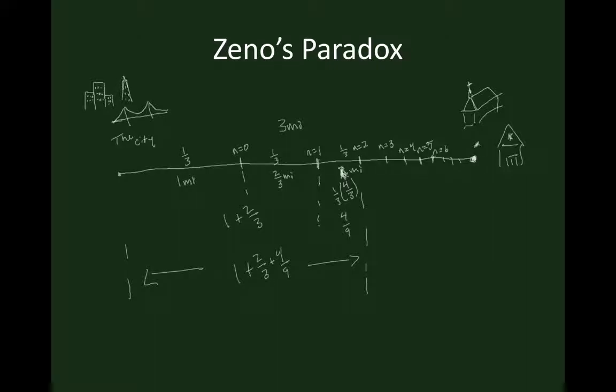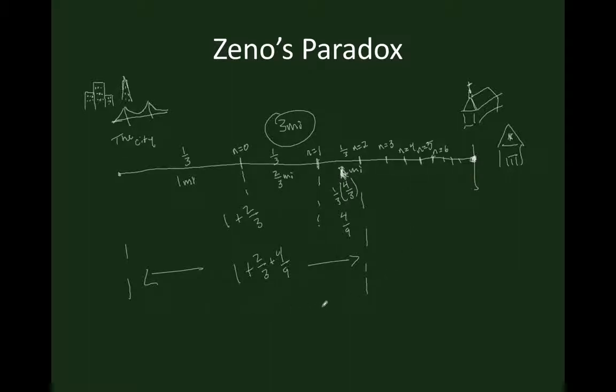Well, we know the traveler does get there. We know both that the traveler does travel the 3 miles and arrive at the destination, and we know in so doing the traveler passes through each one of these different 1/3 chunks of the journey.